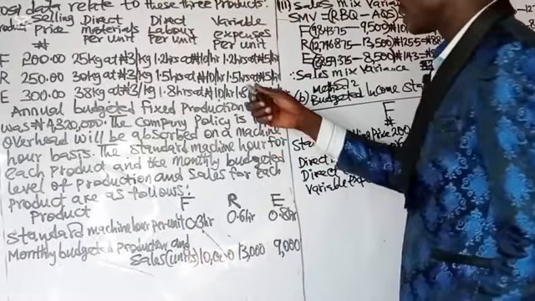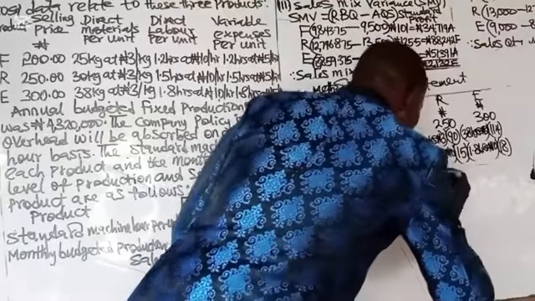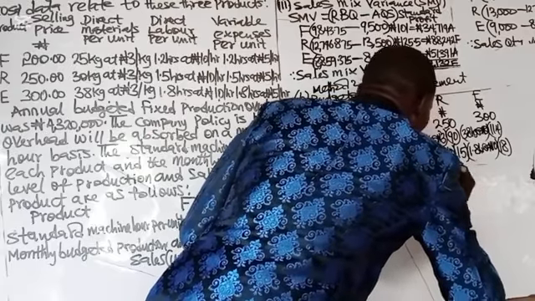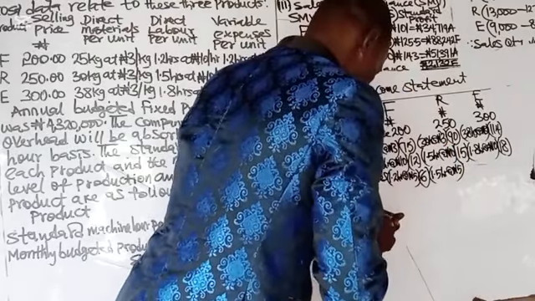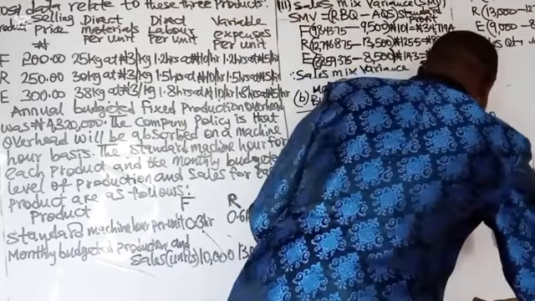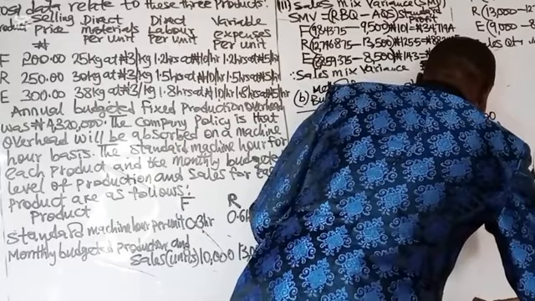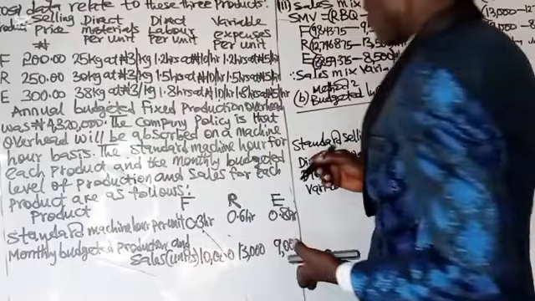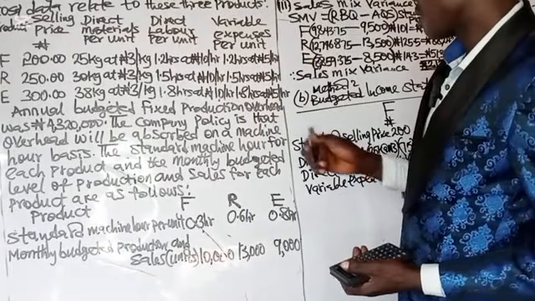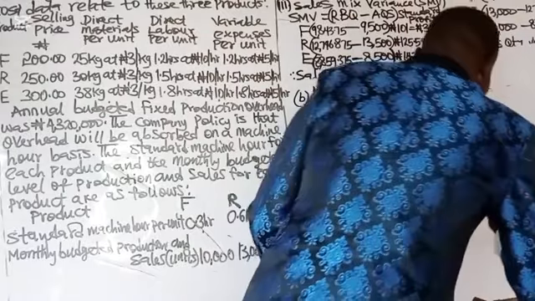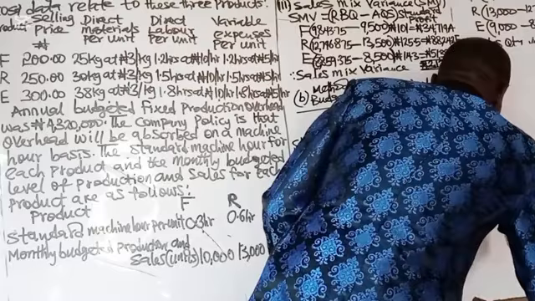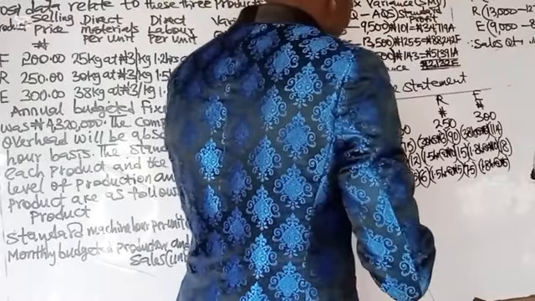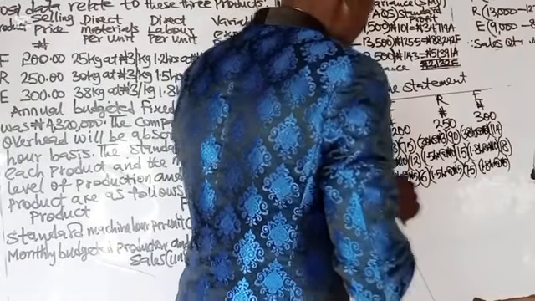Then we also have 1.5 hours at 5 naira, that is 7.5 naira. Then we also have 1.8 at 5 naira. That is 9 naira.